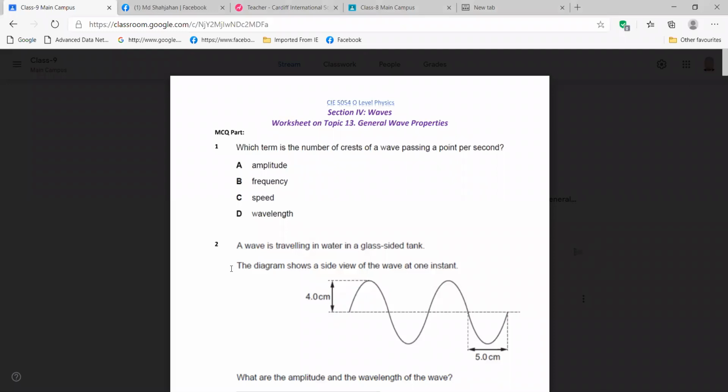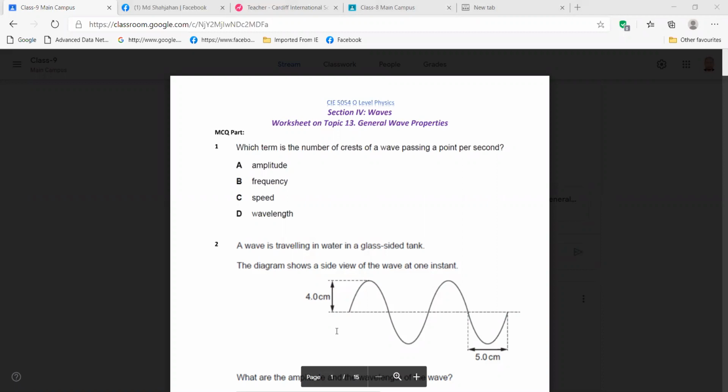Now, Muhammad Saad, your question. Yes, sir. I was asking, sir, what about the speed, sir? The speed is also in seconds, meter per second. Okay, speed is the distance over per second, right?